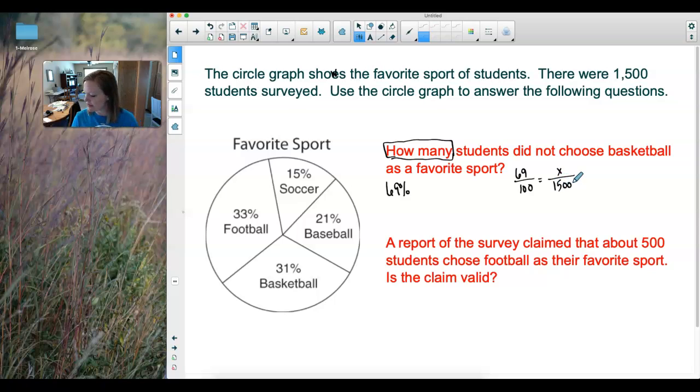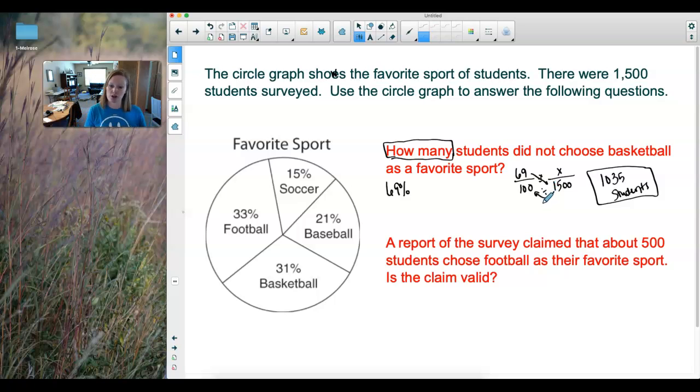And then we're going to solve that. 69 times 1,500 divided by 100. There would be 1,035 students that did not choose basketball as their favorite sport. So that would be your answer. Okay, remember, you multiply these numbers on the diagonal and divide by the third number.